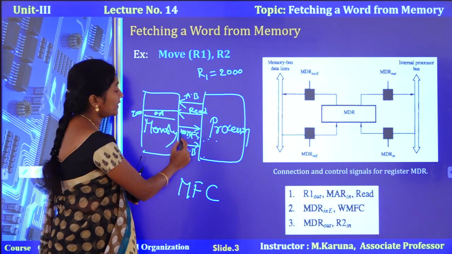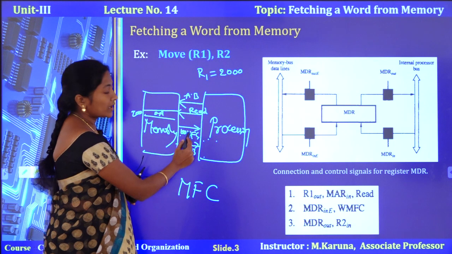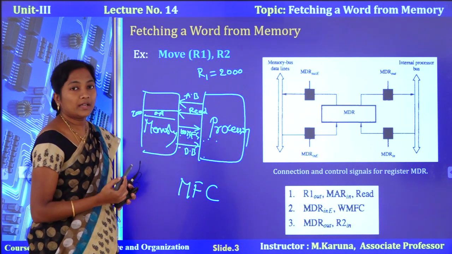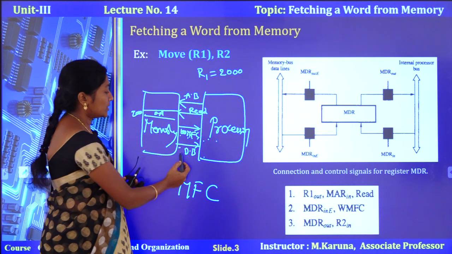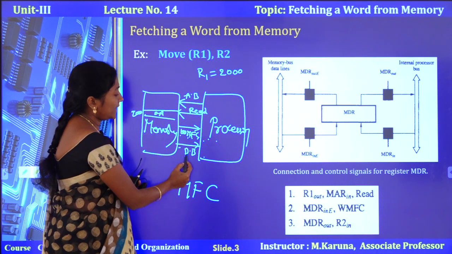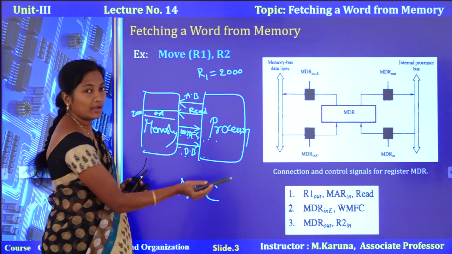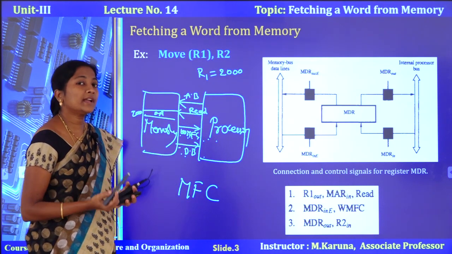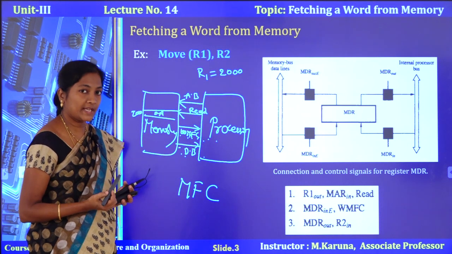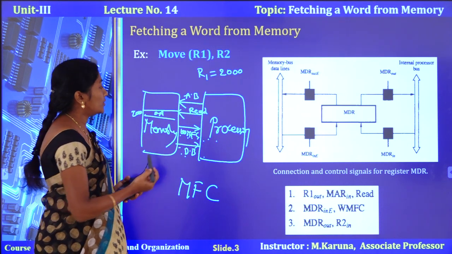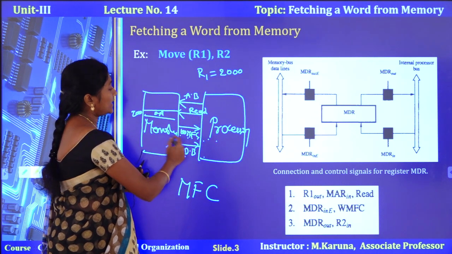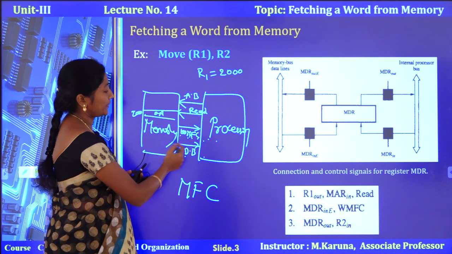Whenever the processor receives the memory function complete signal, it collects the data on the data bus. The data will be transferred from the bus to the MDR register of the processor, then the processor collects the data from the MDR register. These are the control signals transferred between the processor and memory.